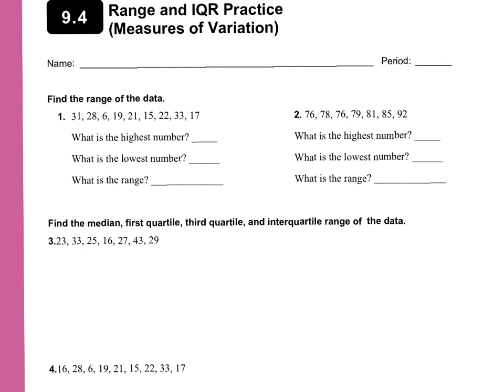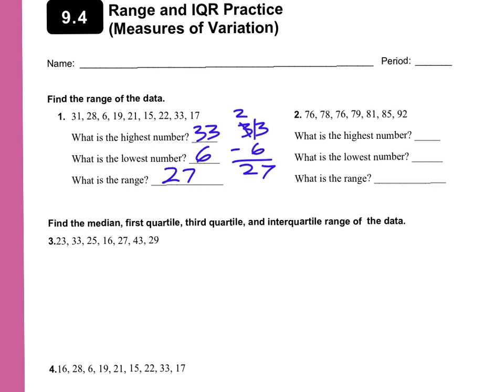No. So on this one, we're just going to go, okay, what's the highest number? And I'm looking at that data, and it looks like 33 is my highest. What is the lowest number? It looks like 6. So we're going to go 33 minus 6. We get 27 is the range.